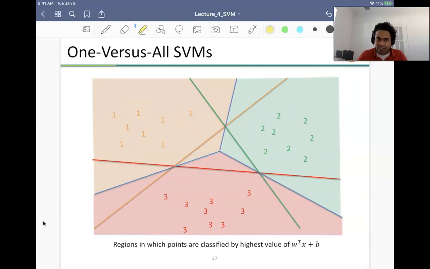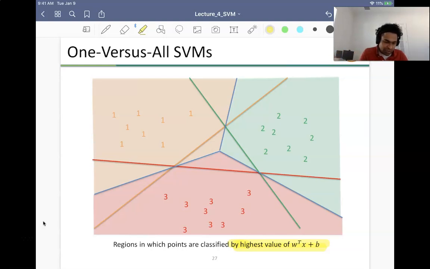There is a slightly better way of doing it, which is to classify based on the points with the highest value of W transpose x plus b. I don't just care about what the classifier says in terms of the discrete label, because a discrete label can be confusing, but rather I use the score.